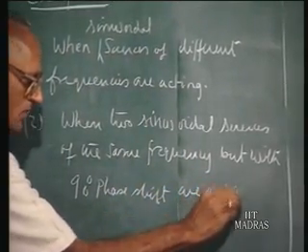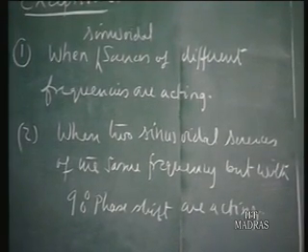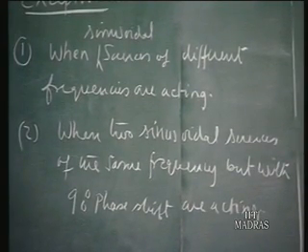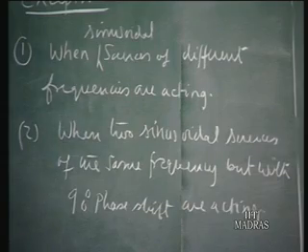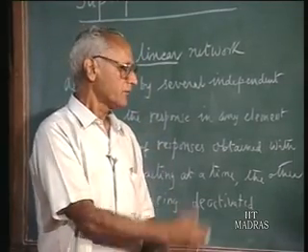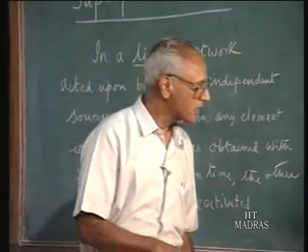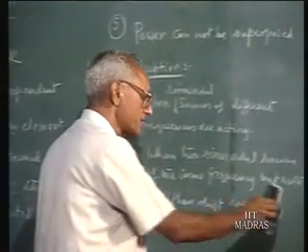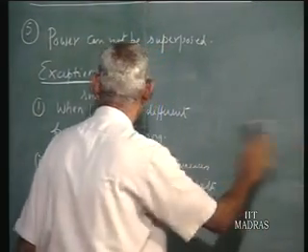So if I have one sinusoid which is sin omega t and the other is cos omega t, you can find out the power due to each individual source and add them up, because the magnitude of a plus jb is square root of a squared plus b squared. Therefore, from that relation you will find that when two sinusoidal sources of the same frequency but with 90 degrees phase shift act, then also power can be superposed.